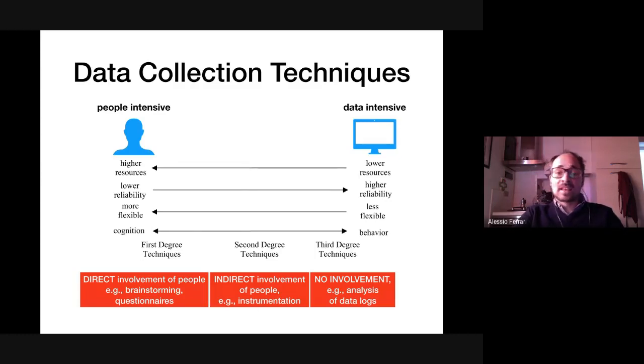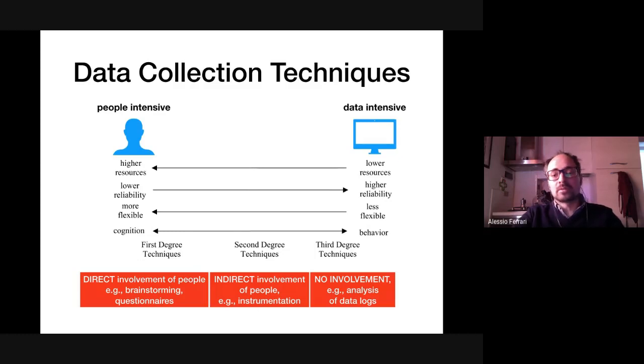So they are studied. There are some experiments made with different devices, for example, a professional wristband, but also eye tracking and electroencephalography. So several studies in this direction. So cognition, but also emotion. If you need something that is missed here, these people-intensive techniques are like brainstorming and questionnaires.